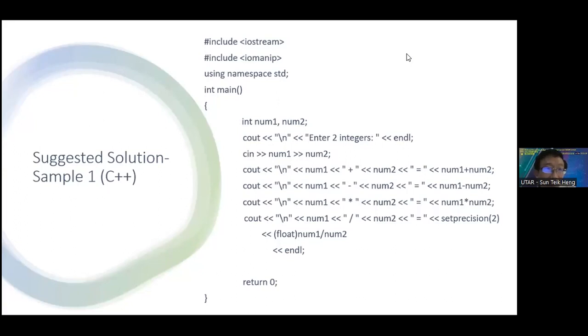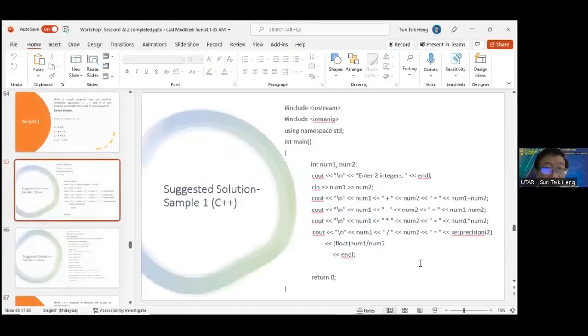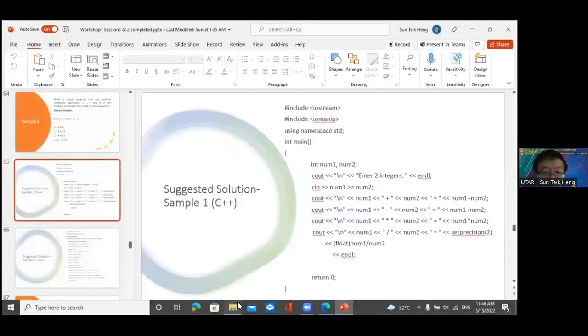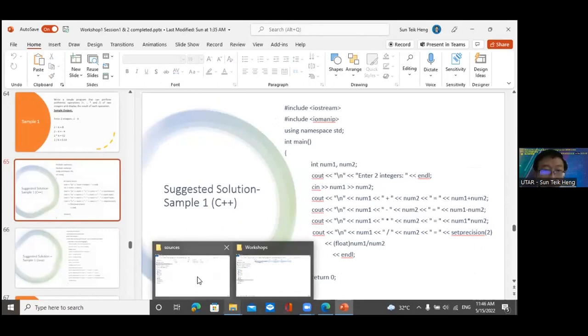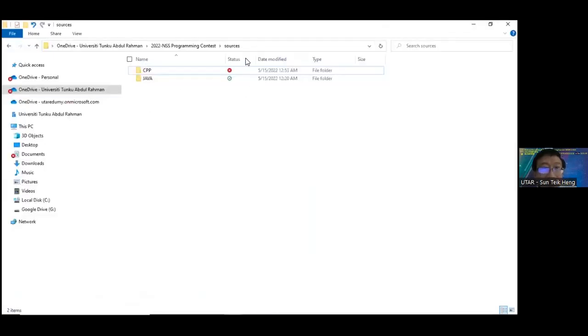Okay, I'm going to share my entire screen. I think it's easier. Now, of course, I will create a folder. Let's say I create a folder for CPP, and I also created a folder for Java.